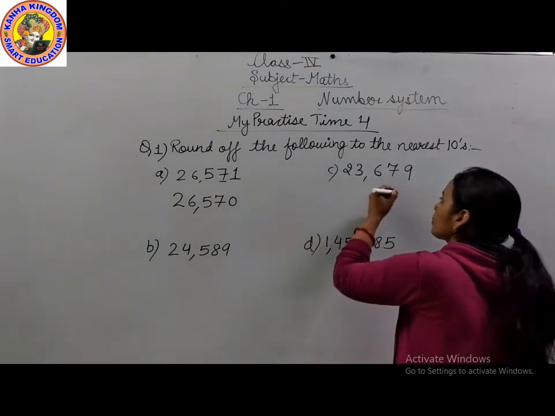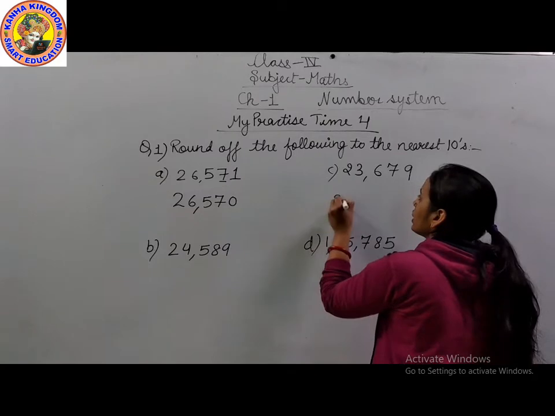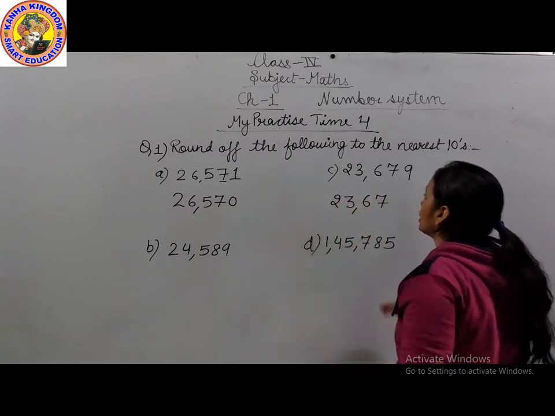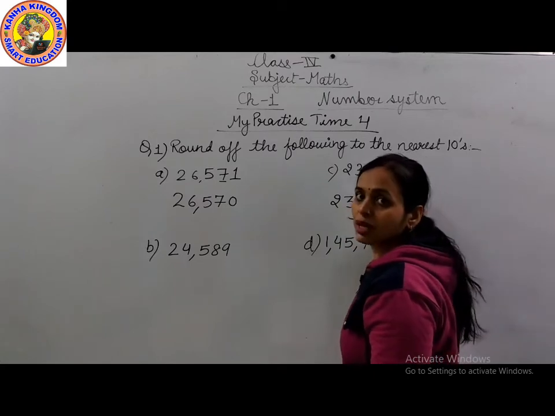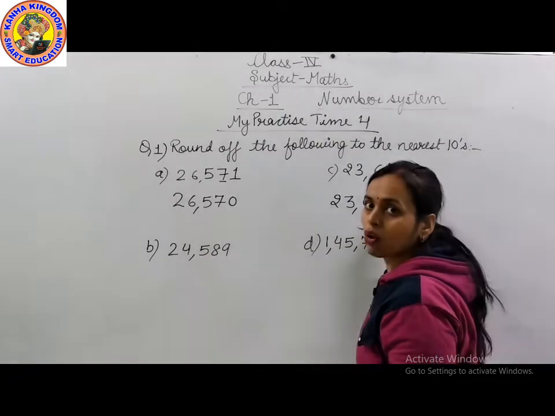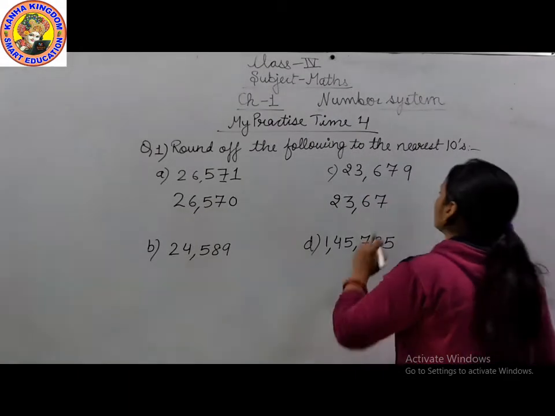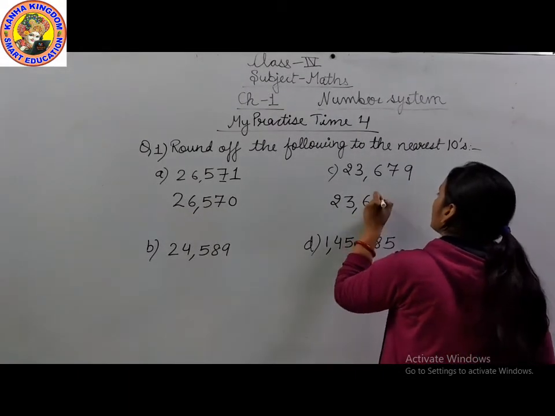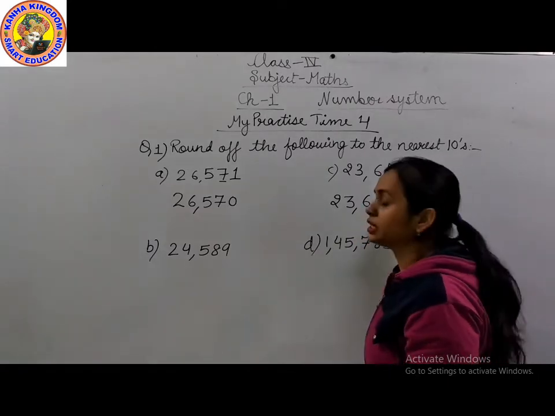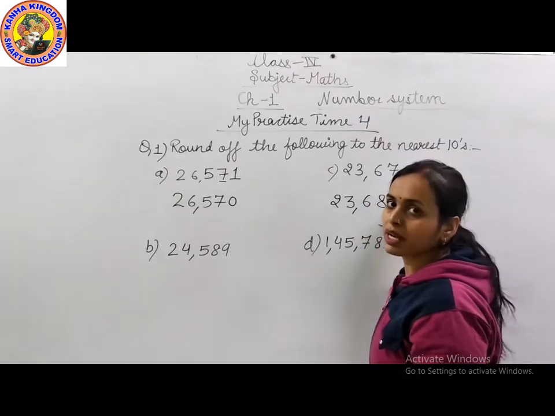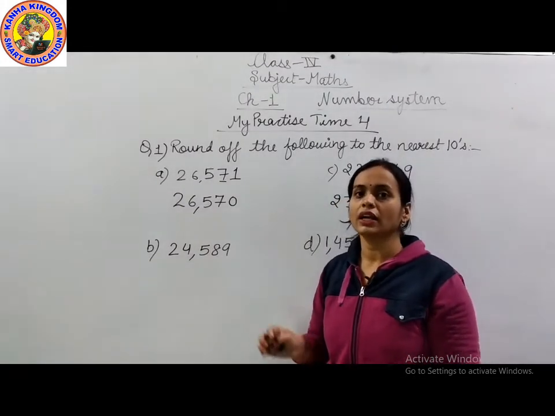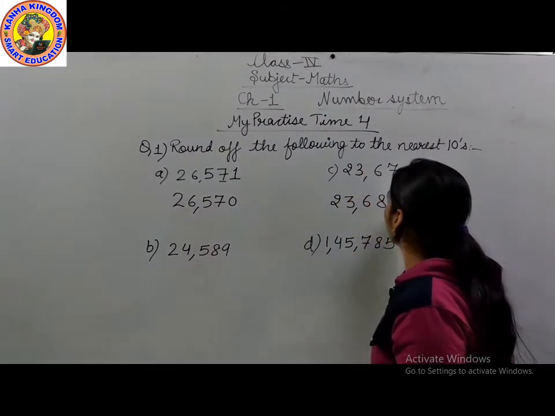Okay. Now next is 23,679. So first we write 23,670. Now the digit at the ones place is greater than 4, so we write 80.